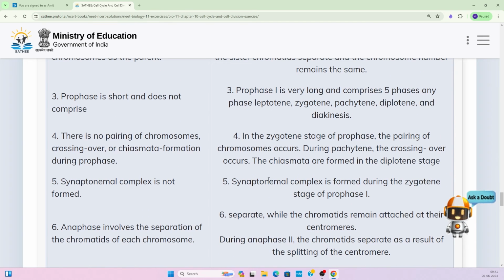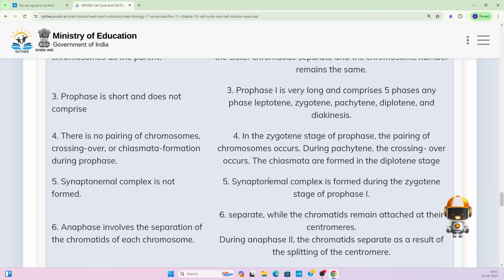Next difference, prophase in mitosis is short and does not have the different phases like leptotene, zygotene, pachytene, diplotene, and diakinesis. These stages are not seen in the prophase of mitosis. Whereas in meiosis, prophase 1 is very long and comprises 5 phases: leptotene, zygotene, pachytene, diplotene, and diakinesis.